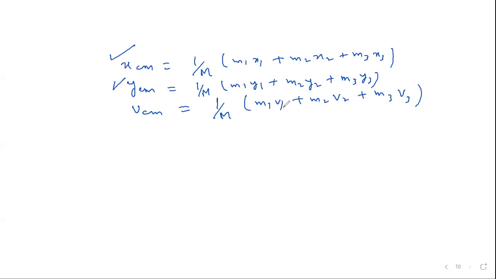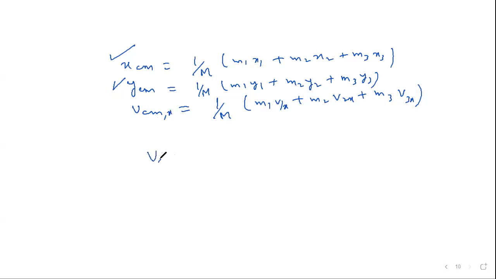So if this is v1x, this is v2x, x component of the velocity of particle 2, v3x, then it will be vcmx, x component of velocity of center of mass.